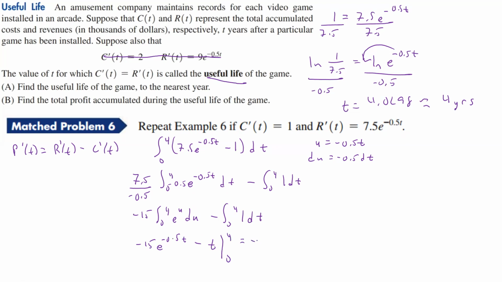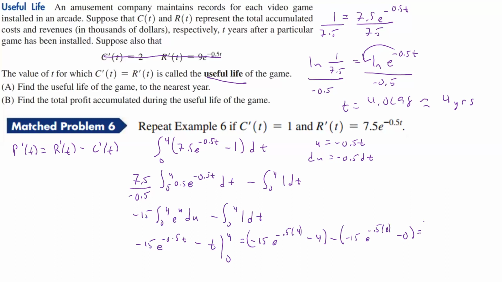I'm going to have minus 15 e to the minus 0.5 times 4, and then minus 4. Then I have minus, and a minus 15 e to the minus 0.5 times 0, and then minus 0.